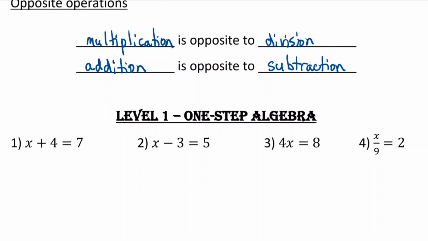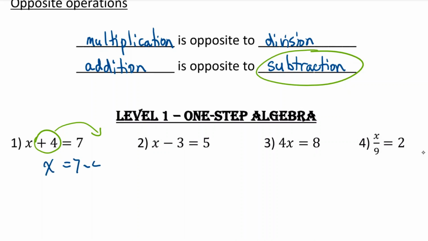So our first type of expression is the one-step. We literally have to do one thing and we should get our answer. In these, where we have addition, the opposite operation to addition is subtraction. So when I bring this over, it was a plus on the left, it becomes a -4 on the right, and I get 7 minus 4 is 3.